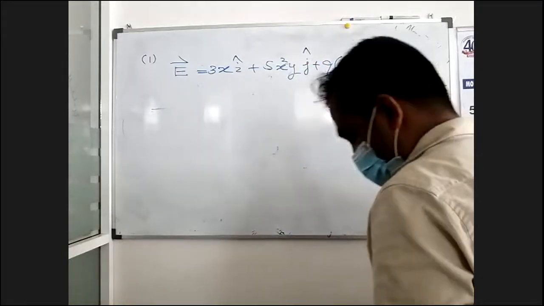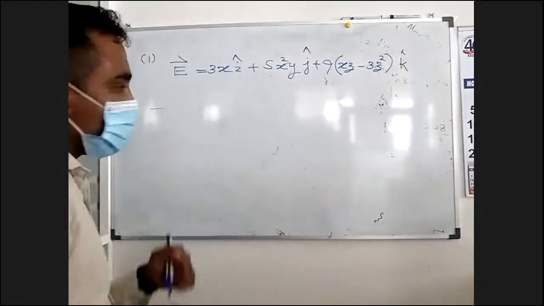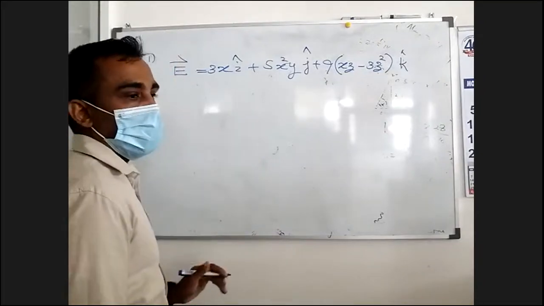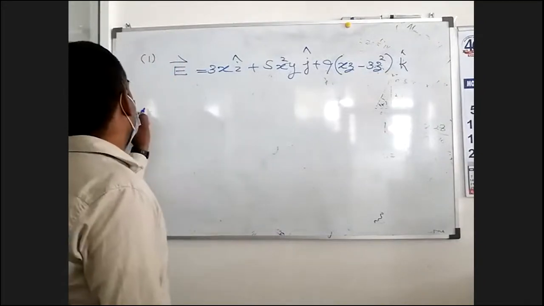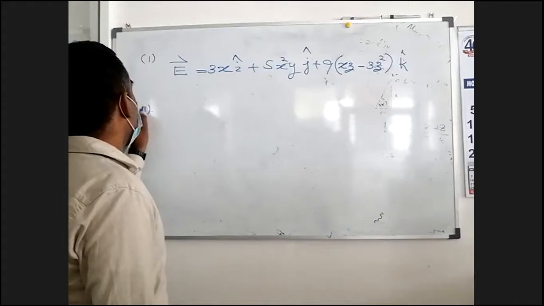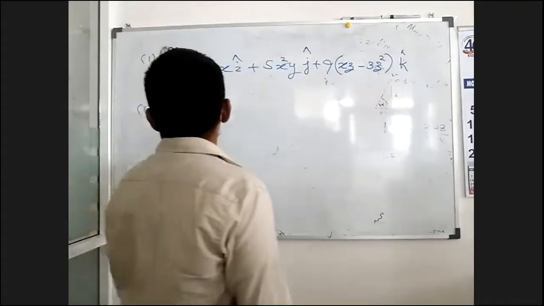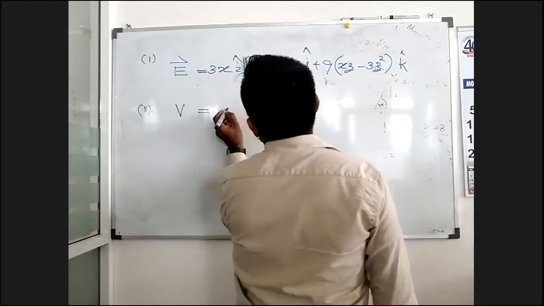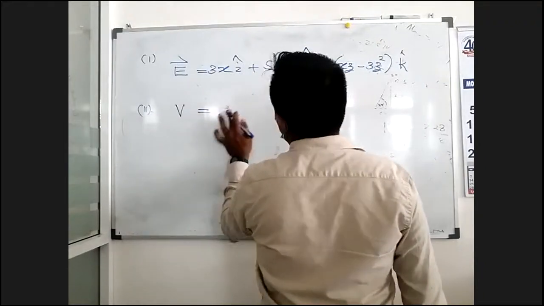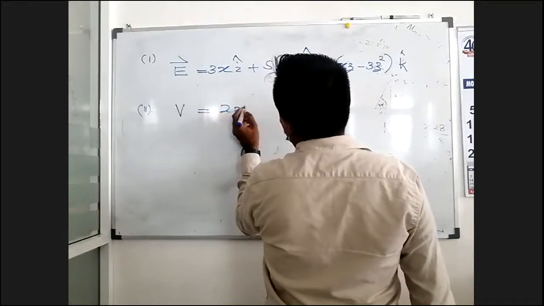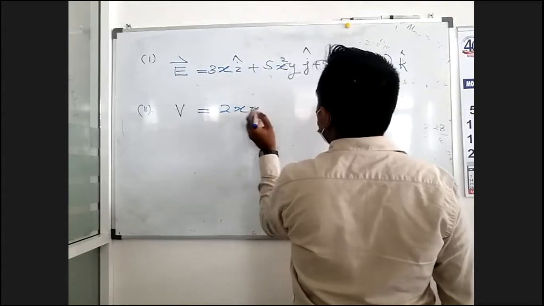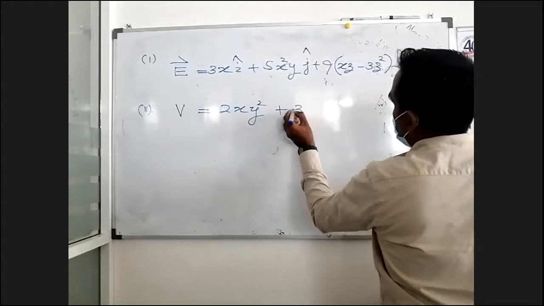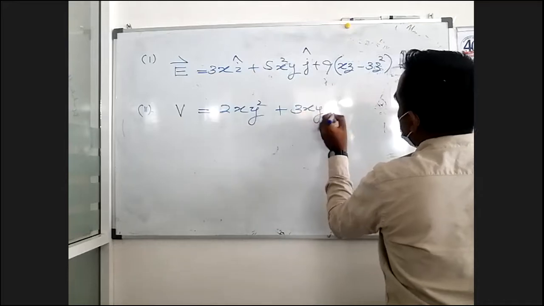So this is a vector, and the second one is the scalar V equals 2xy squared plus 3xyz.